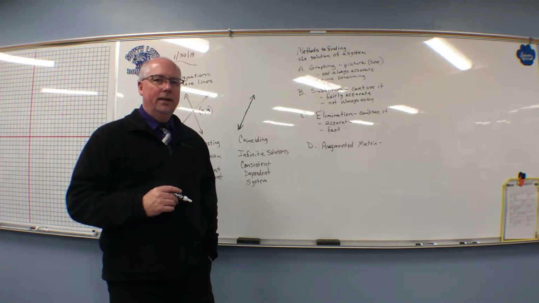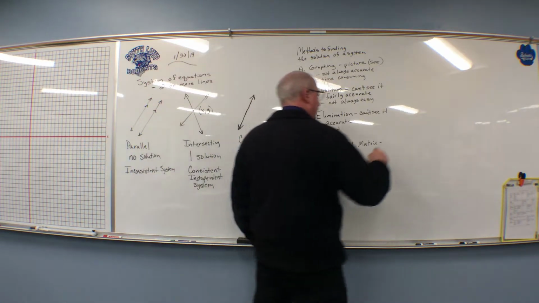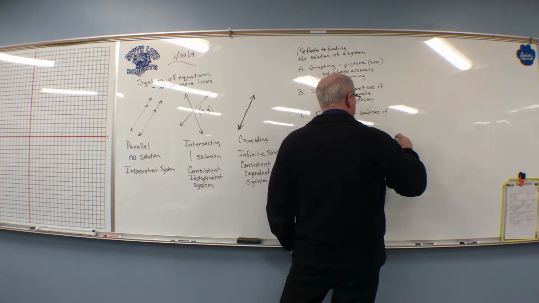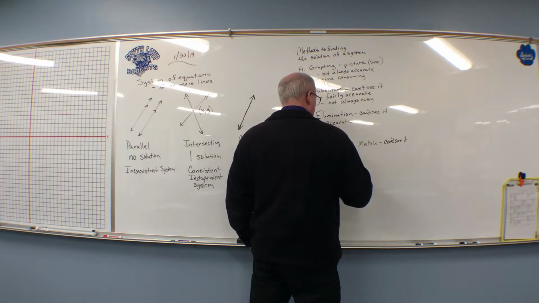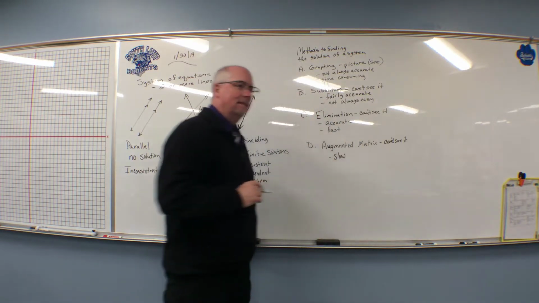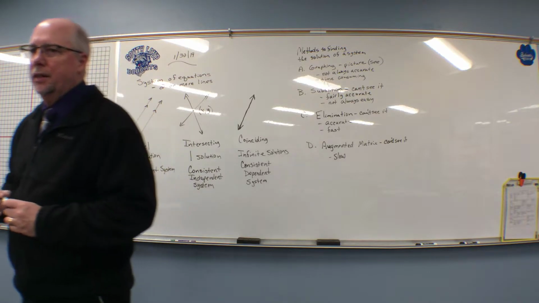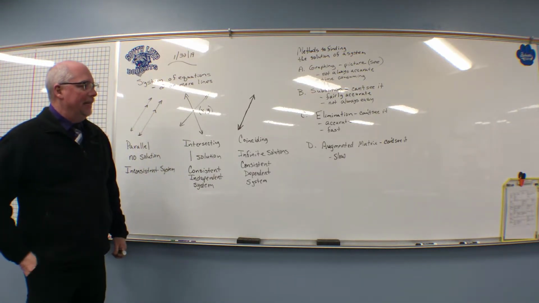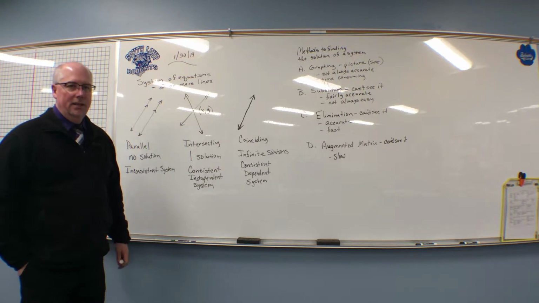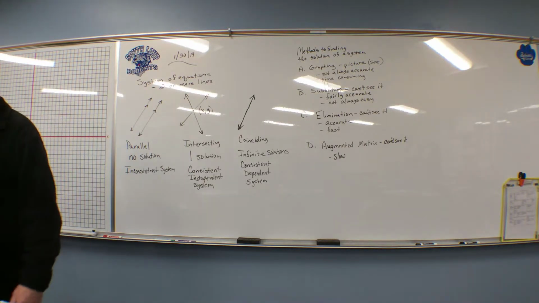Most students do not like this one. Okay, can't see it? It is slow. And it's somewhat confusing. It's called augmented. The word is augmented, augmented. It's kind of a different word, okay?